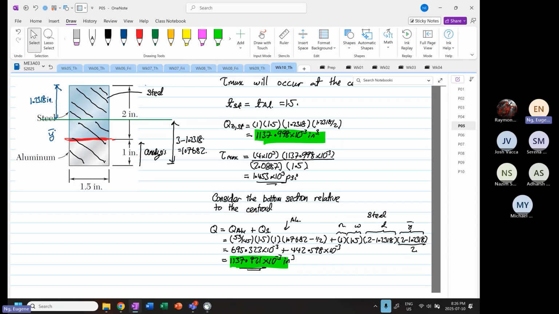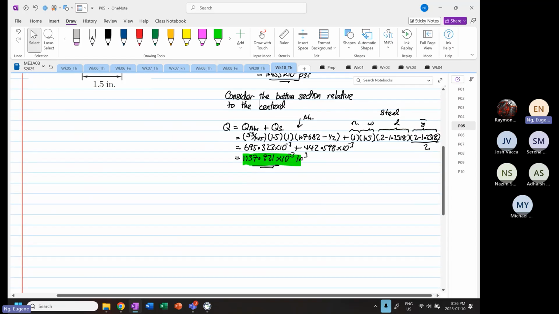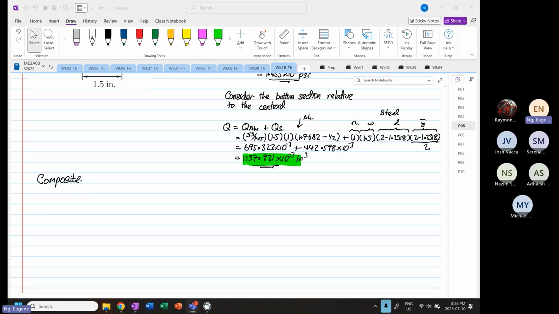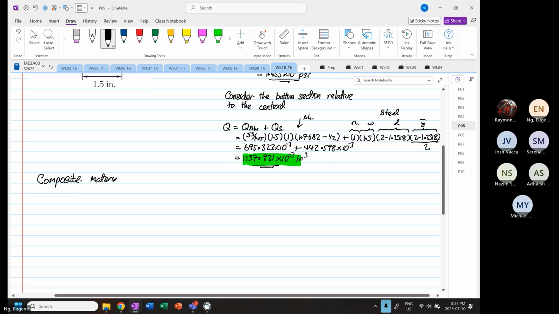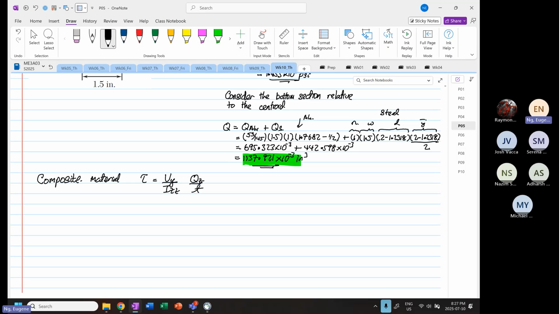So to summarize for sandwich material, be very careful. The most important thing is, for composite material, you have to remember that the shear stress is equal to V y over IZZ, QZ over T. And QZ is equal to N with D y bar.